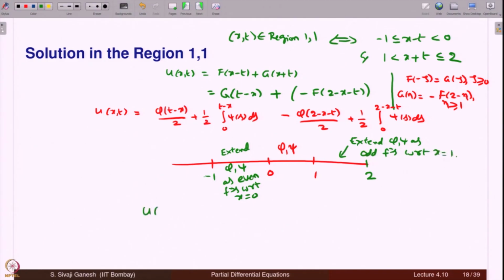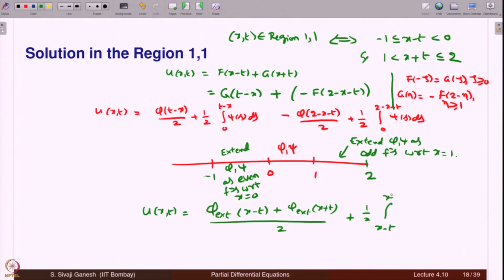If you do that, you get this formula: u of x,t is equal to phi extended of x minus t plus phi extended of x plus t by 2 plus 1 by 2 integral x minus t to x plus t psi extended of s ds.